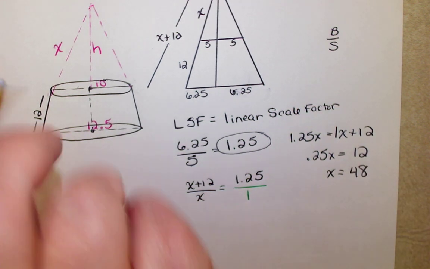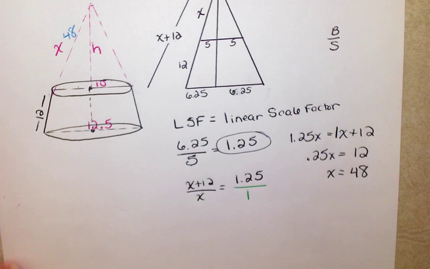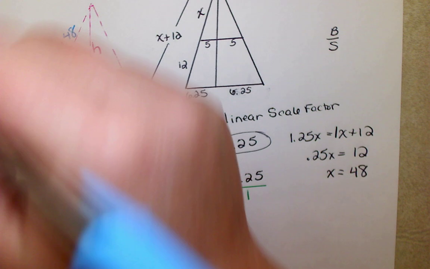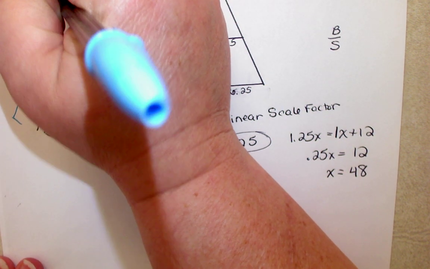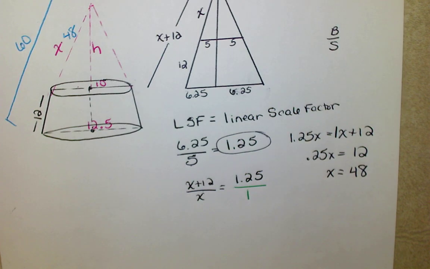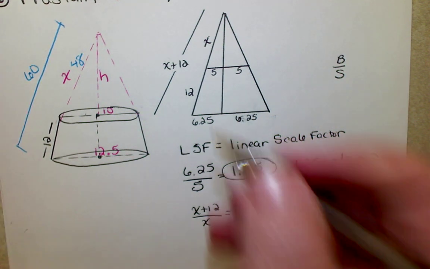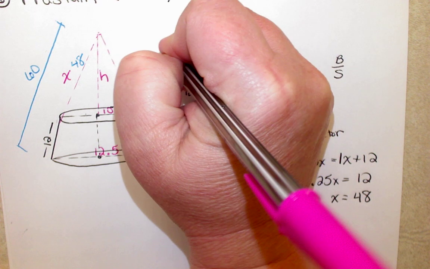So this right here is 48. So if that's 48, then I know the whole side is 60. Well, now that I've got that figured out, I can use the Pythagorean theorem to find my missing pieces.